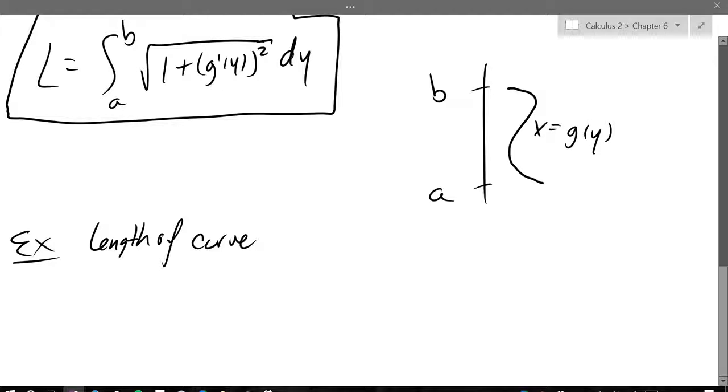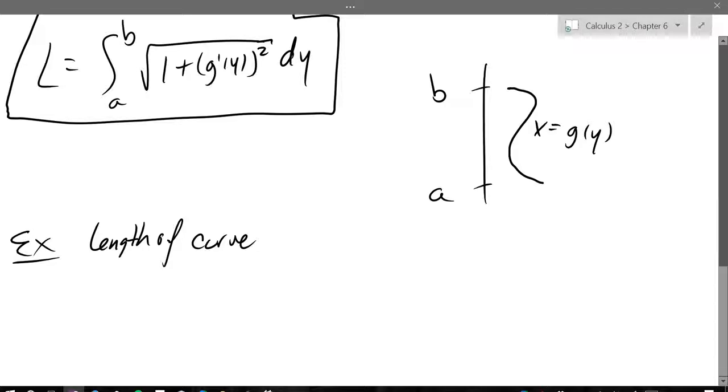Tangent squared plus 1 is secant squared, so that'll be a tangent sub. A lot of these are going to lead to tangent substitutions, unless I pick a really nice curve, in which case it may turn out to have a nice derivative that squares into something that's not so bad.